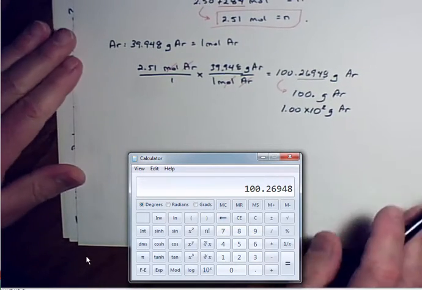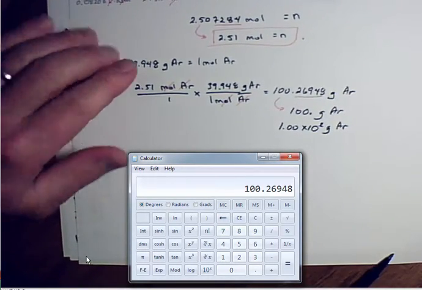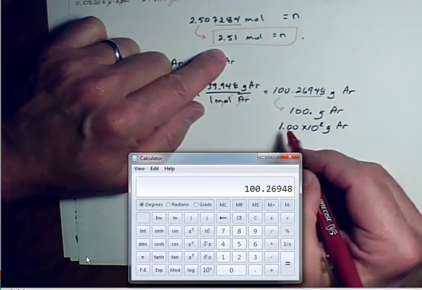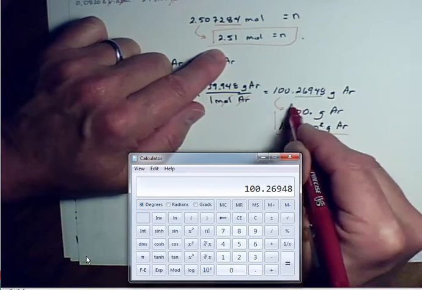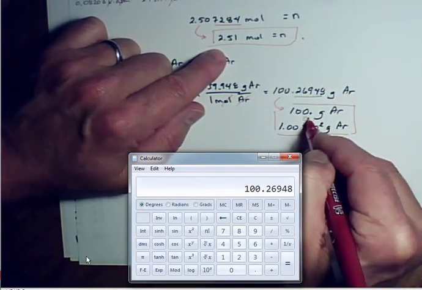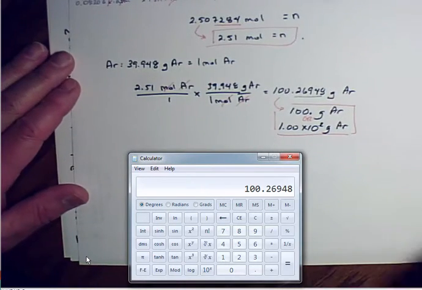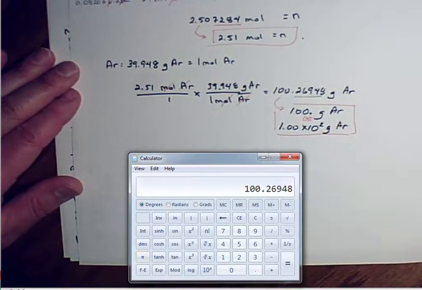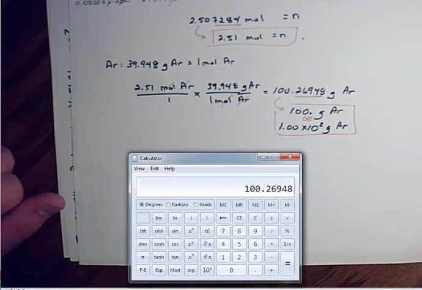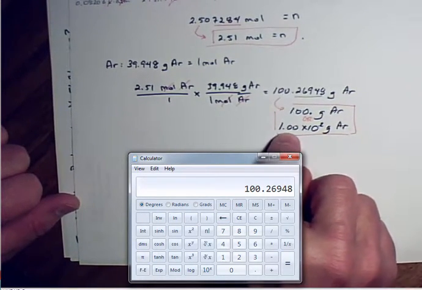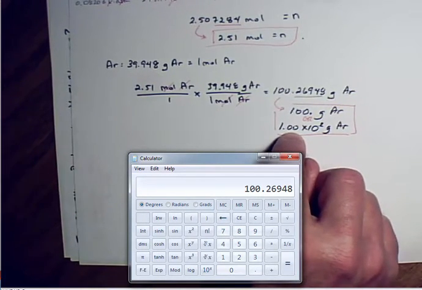So we had 2 answers to this problem. One of those answers was 2.50 moles. That was the first one. And here is the second answer here. Either one of those 2 is reasonable. What now? Yeah, these 2 zeros are behind a decimal place and a non-zero digit, so those 2 zeros are significant.